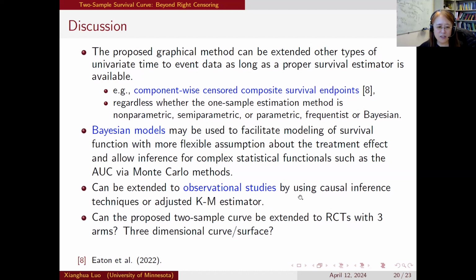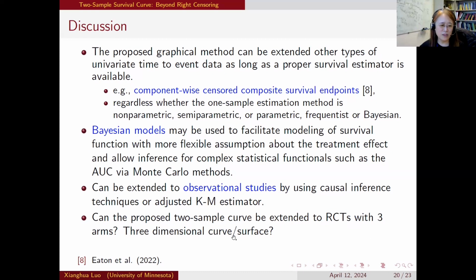The second work, the beyond right-censoring work, is already hard to advocate as for randomized trials, because truncated data is probably not from randomized trials. So there might be an intersection between causal inference methods and this graphical work worthwhile to explore next. And also the last thought, which is a very wild idea.